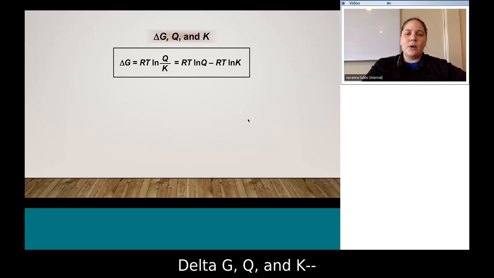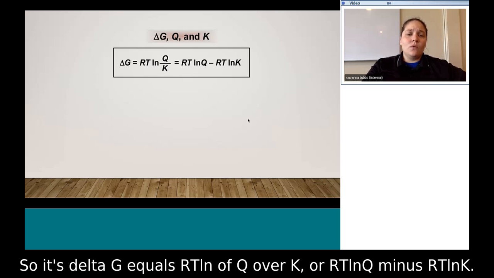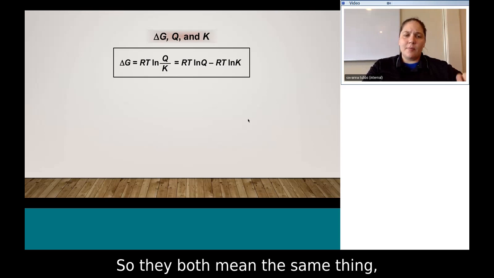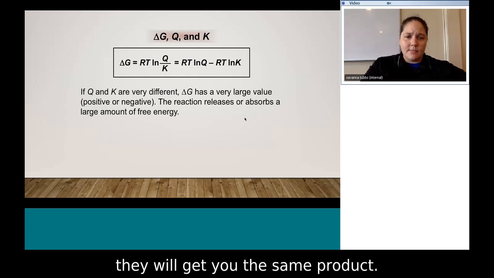Delta G, Q, and K. We now have another equation. Delta G equals RT ln of Q over K, or RT ln Q minus RT ln K. They both mean the same thing and will get you the same product.